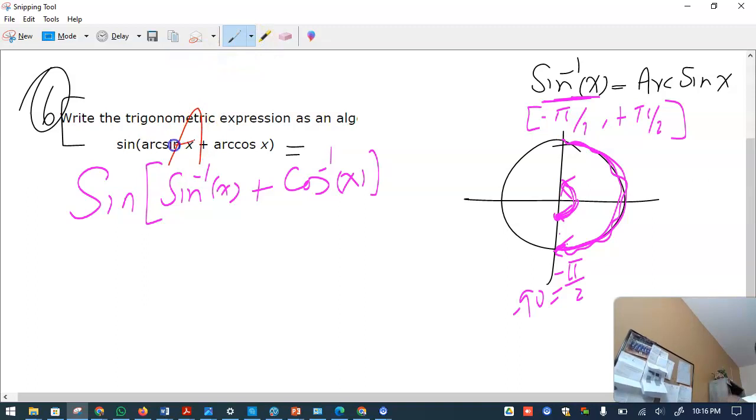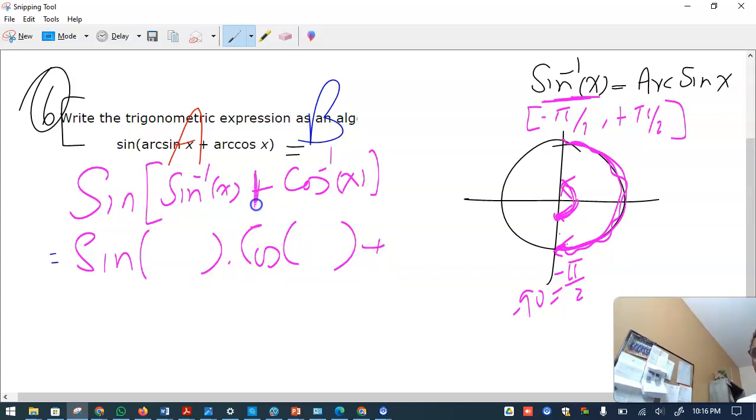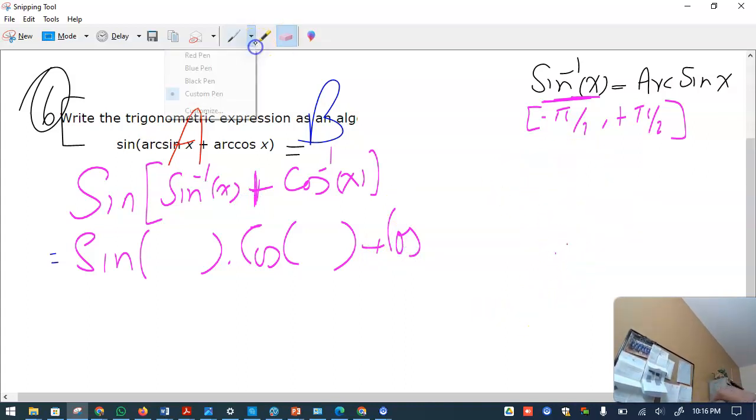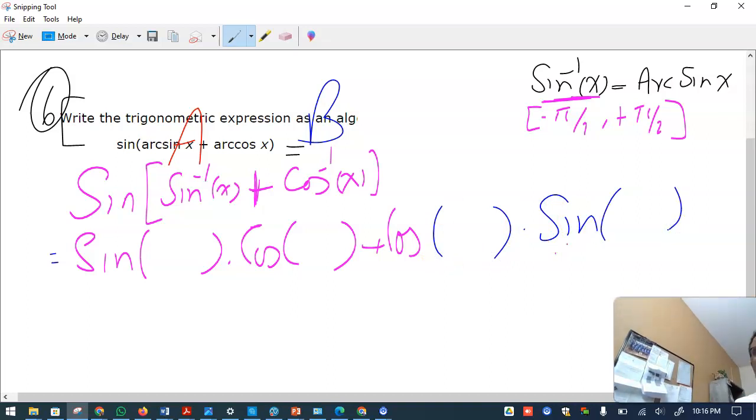This is the A, and this, the blue, is the B. So we can use sine A cosine B plus, because there's a plus, cosine A sine B. So the red is A, this is sine inverse of x, and the blue is cosine inverse of x.